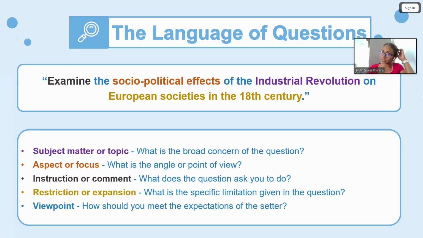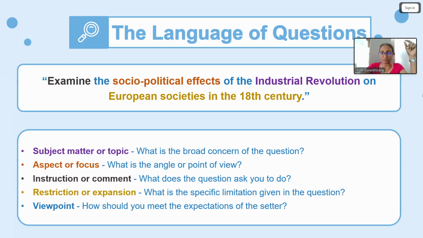So we are not interested in the rest of the globe. All of them may have experienced the Industrial Revolution at the same time, but we are only looking at European societies, right? So we don't look at the American societies. We don't look at African societies during that time. We don't want to know what is happening there.